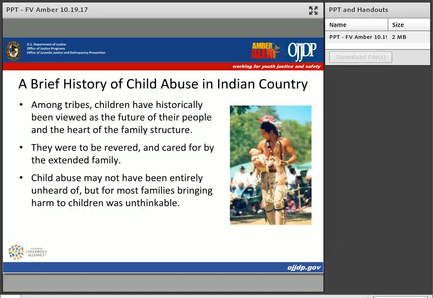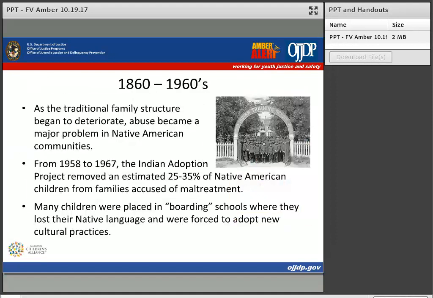Much of the community was built around the child, and they were cared for by the entire community, by extended family, and so forth. In my family, it was aunties and uncles who may or may not have had any blood relationship at all, but we cared for children throughout the community. Now, child abuse certainly was not unheard of, but for most, it was unacceptable and unimaginable to harm children.